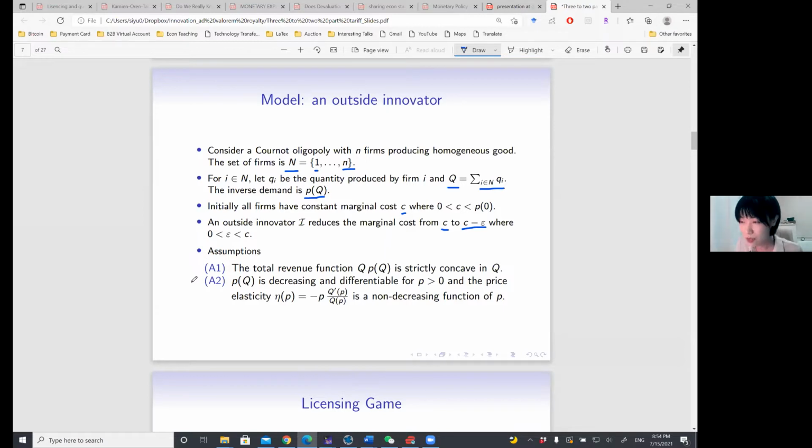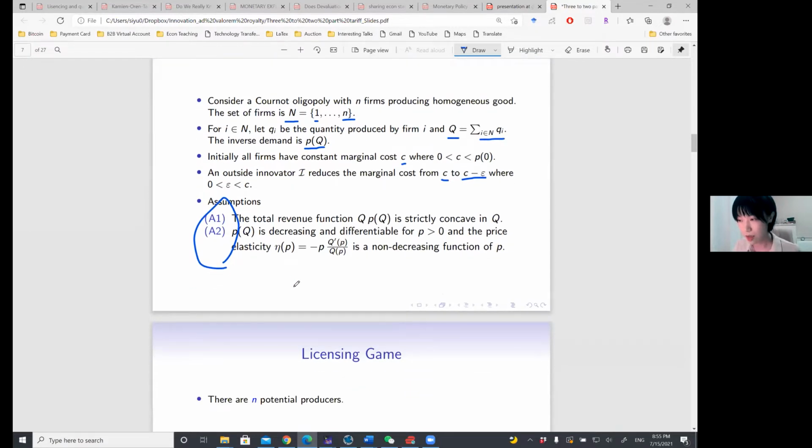Here are the first 2 assumptions we impose. Total revenue function is strictly concave in Q, P is decreasing and differentiable, and the price elasticity is a non-decreasing function of P. So these are the standard assumptions for the cost reducing literature. Later on, we have A3.